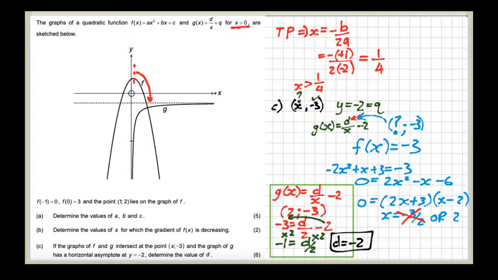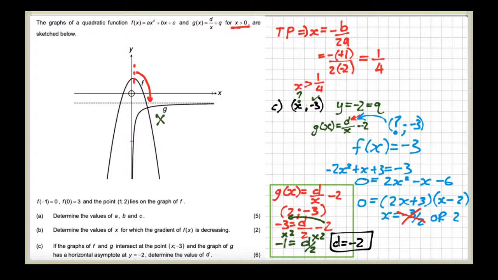You've got to ask yourself this question now: is this true for this specific sketch? I alluded to this, that d must be smaller than 0 because d lies here, let me do it in green, in the 4th quadrant.